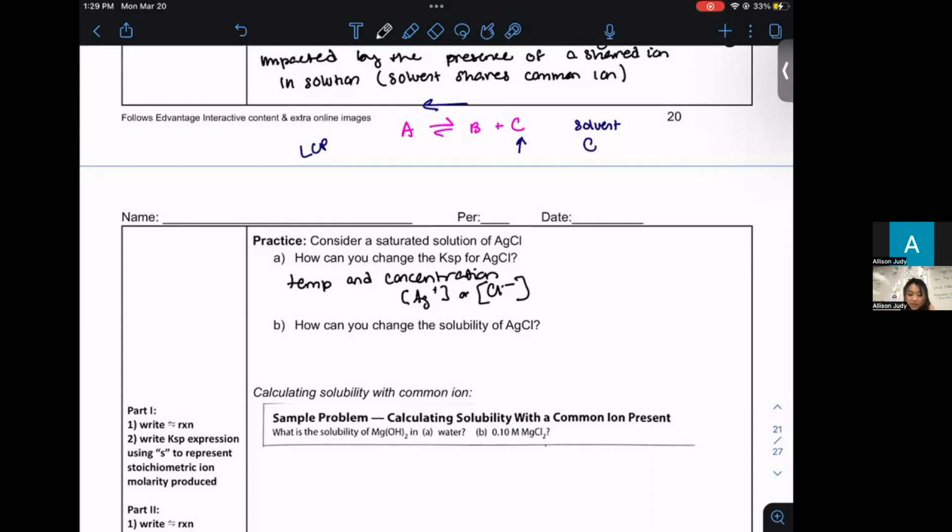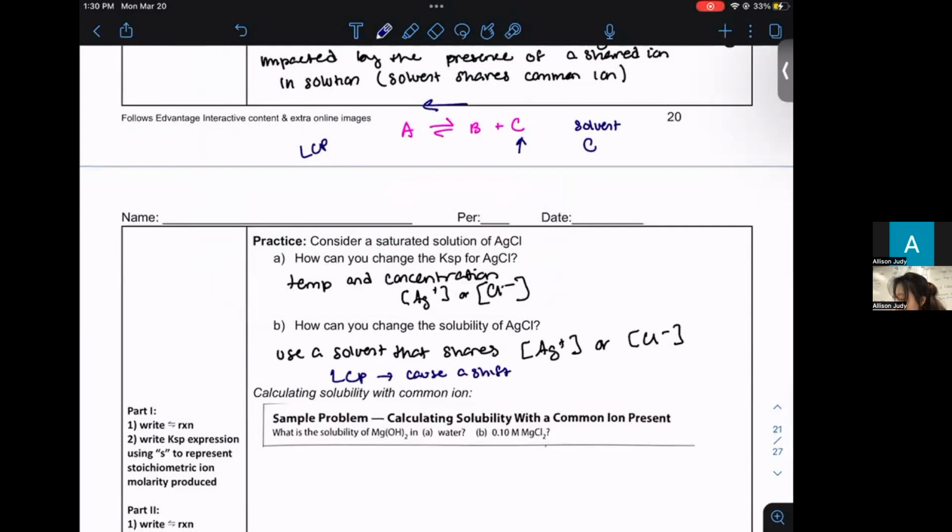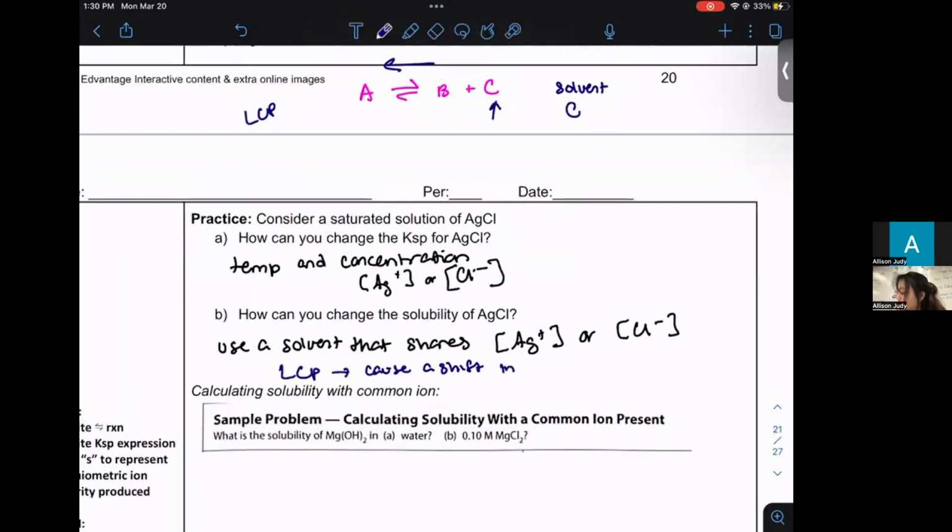Well, according to, again, Le Chatelier's principle, you can use a solvent that already shares the Ag ion or chlorine ion. And what will happen is, again, according to Le Chatelier's principle, it will cause a shift in equilibrium and therefore a favored reaction, right?